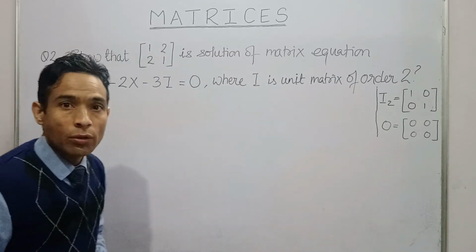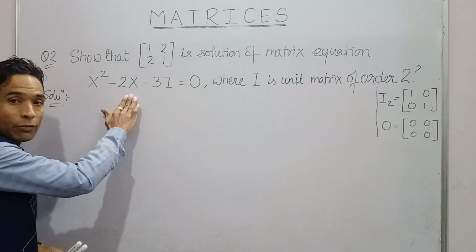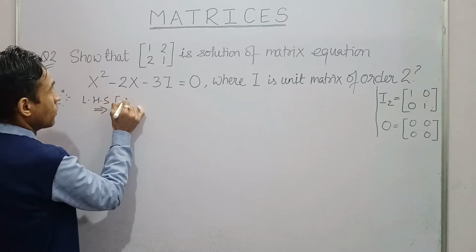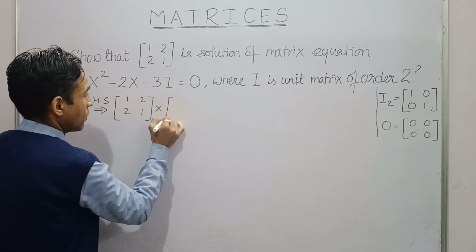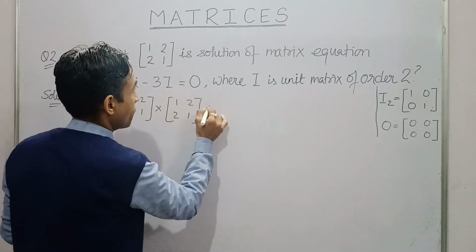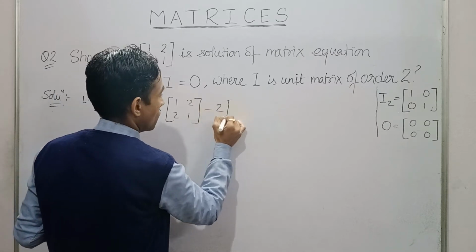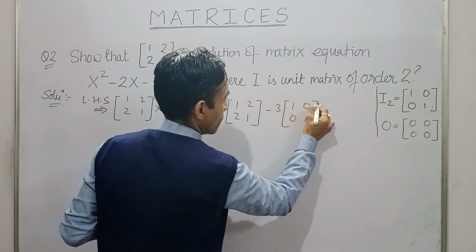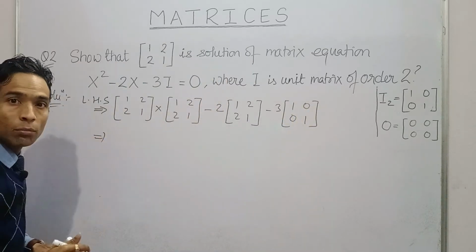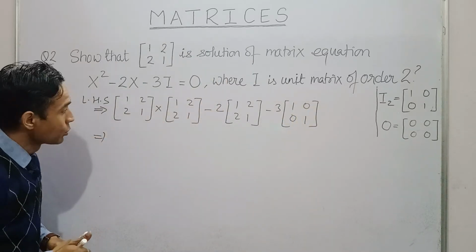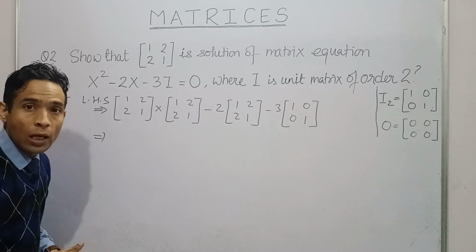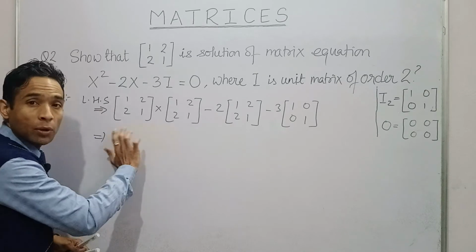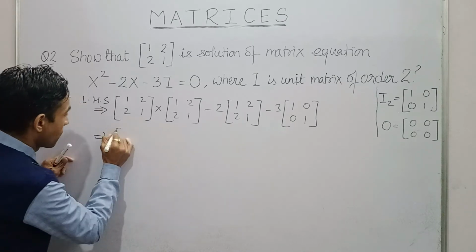Now let's substitute the values in this left hand side. I will do the multiplication in fast mode, so please refer to part number 1, how to apply the multiplication rule in the multiplication of two matrices.